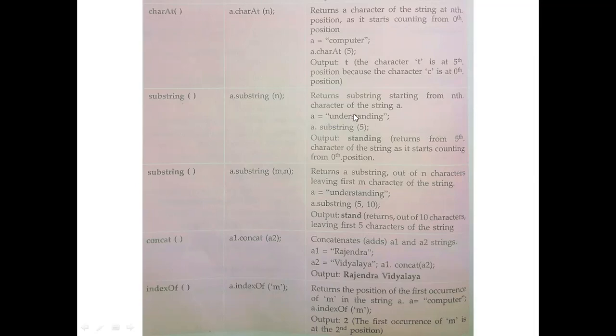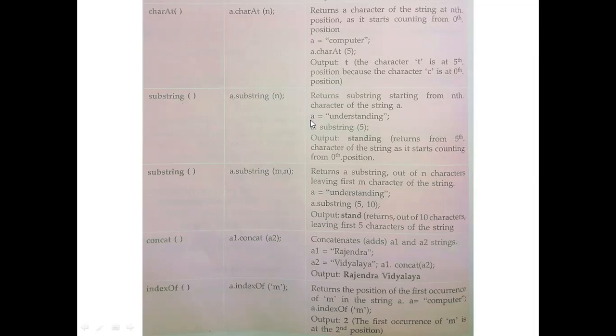The fifth character is 'y', actually the sixth character, but from 0 you start counting. From 'y' till the end of the string, that is "standing", is our output. So "standing" will be the output.